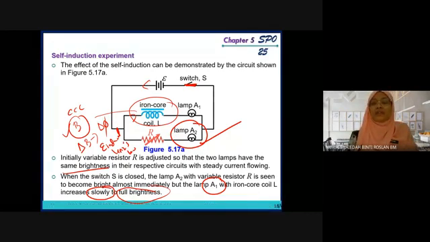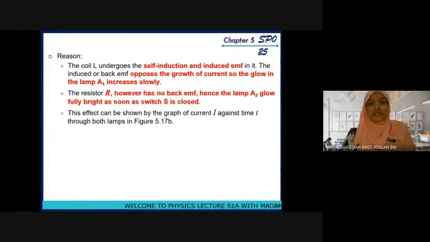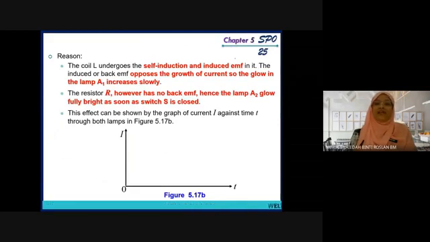So the most important thing about the self-inductor is, if you want to adjust your lamp so that it is not immediate, with some timing or a timer, it is slow to reach its full brightness. As I said earlier, because there is self-induction and an induced EMF, there is a back EMF, or induced EMF, that opposes the growth of the current.